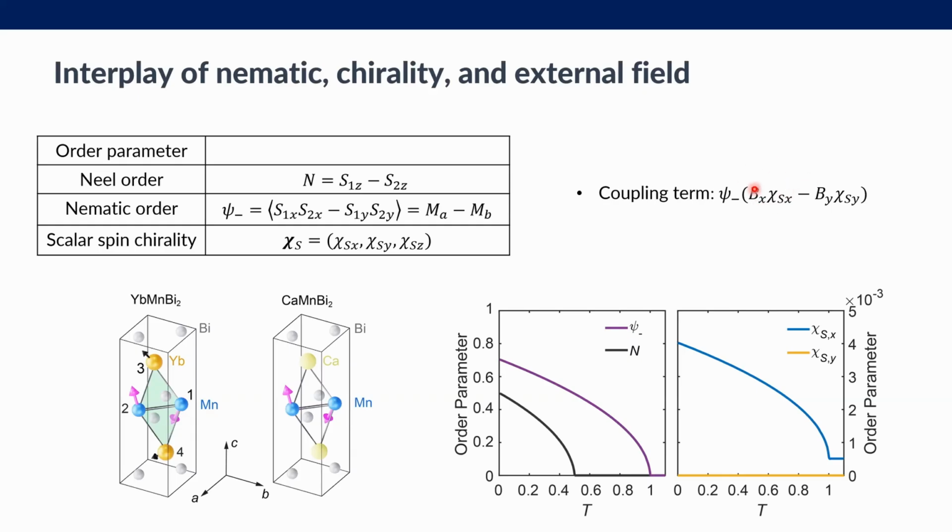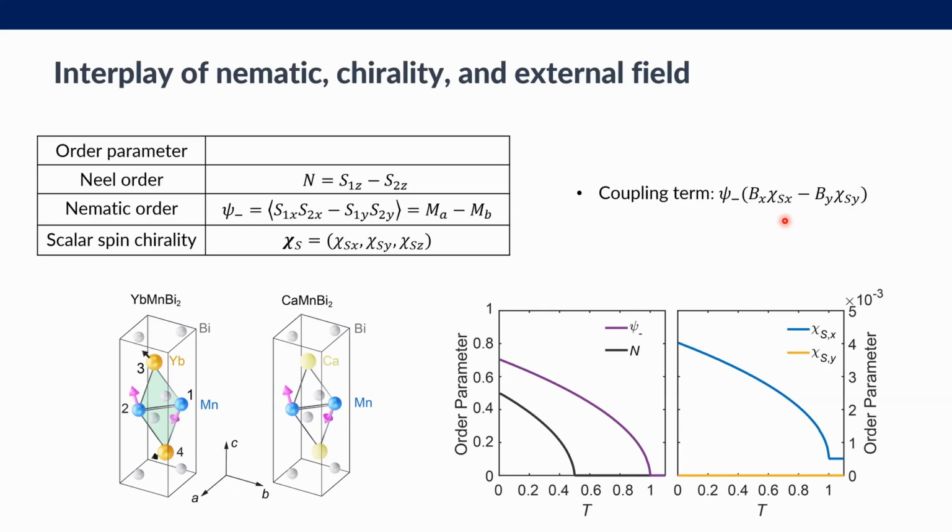And this coupling term is very important in terms of the induced anomalous Hall effect, because when we do the anomalous Hall measurement, we actually apply an in-plane magnetic field. And when we apply this magnetic field, the moments of the ytterbium ions become field polarized.